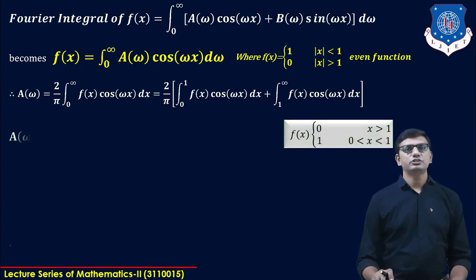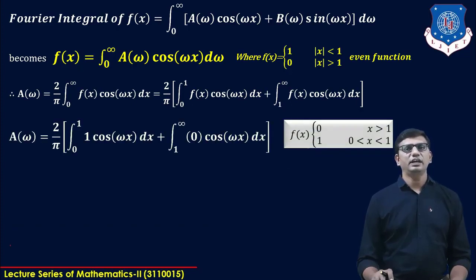Here the function's value is 0 for x greater than 1, so the second integration is 0, and in the first integration we put f x equal to 1, so finally a omega equals 2 by pi integration 0 to 1 cos omega x plus integration 1 to infinity, which is directly 0.